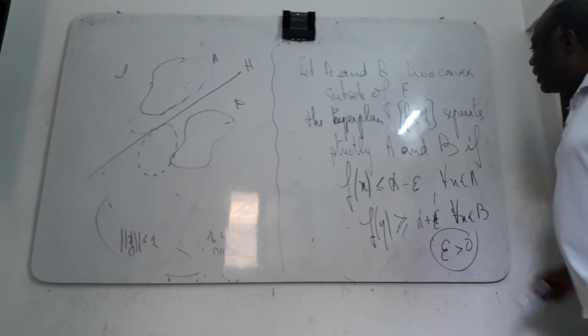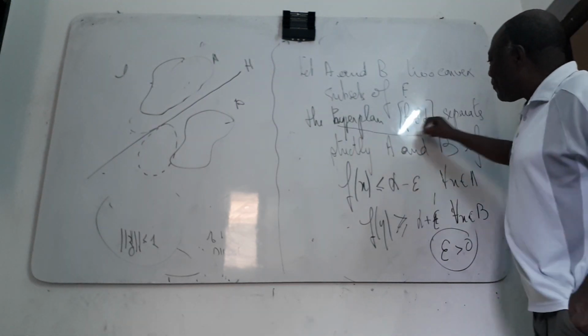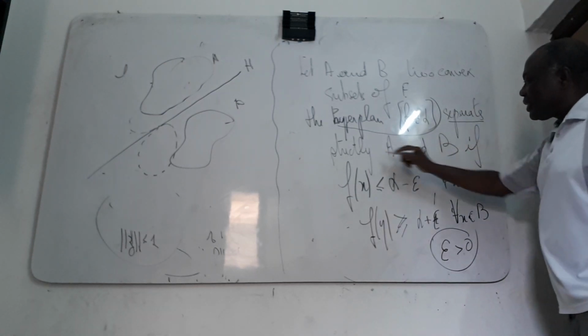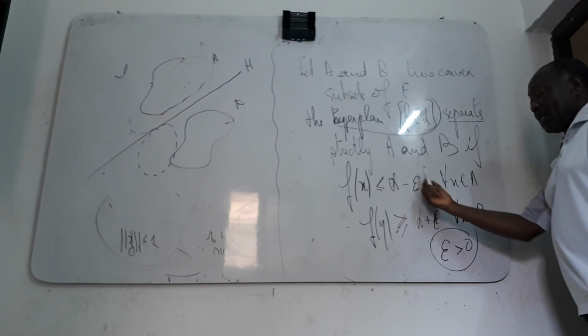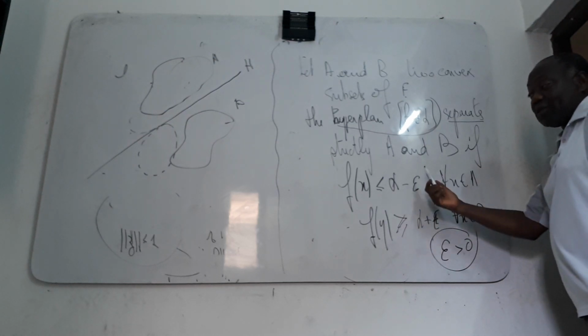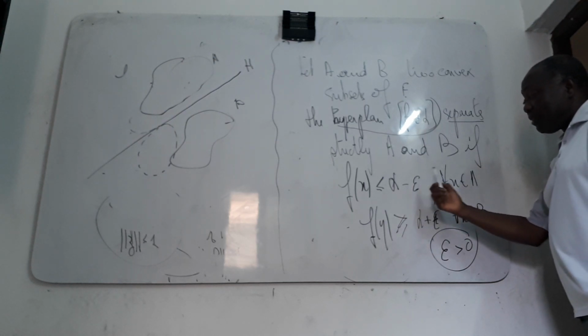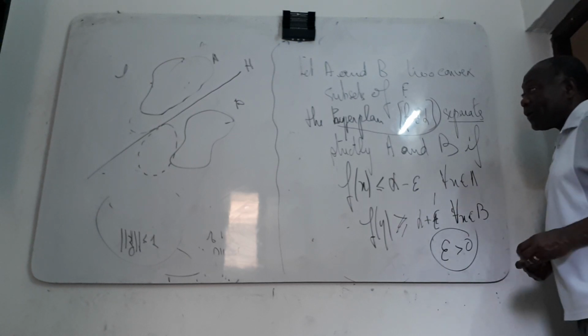Then we say that this hyperplane separates strictly the two convex sets. There exists a real number, which is not negative, such that you have this condition.